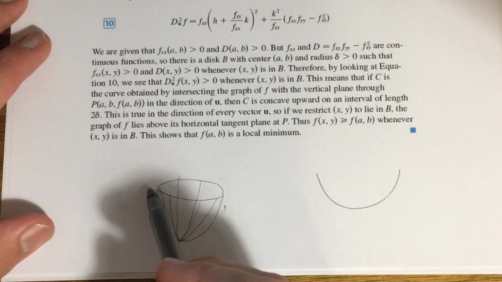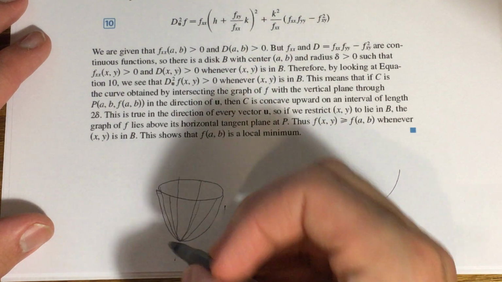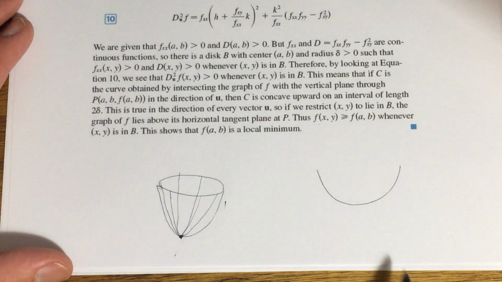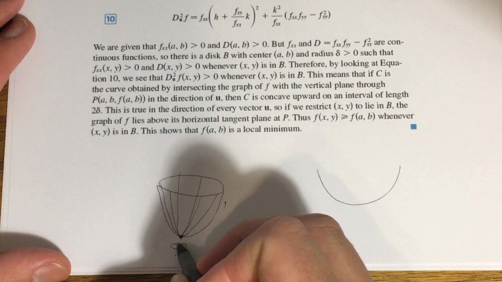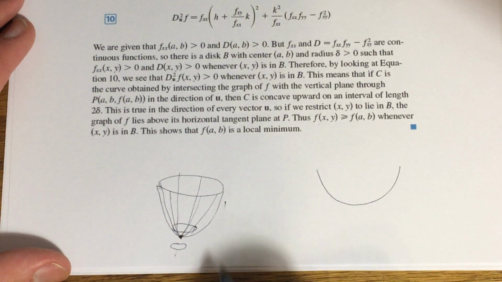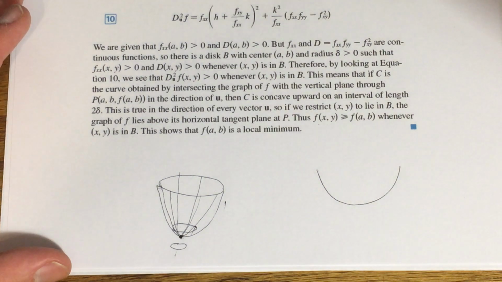And that gives us this minimum down here. So the implication, if we want to use the definition, is that we can find a disk somewhere in our domain such that all of the points within that disk, when they get mapped onto the surface, will give us values that are greater than or equal to the z value at this low point right here.